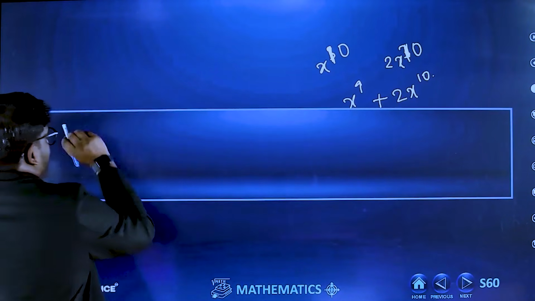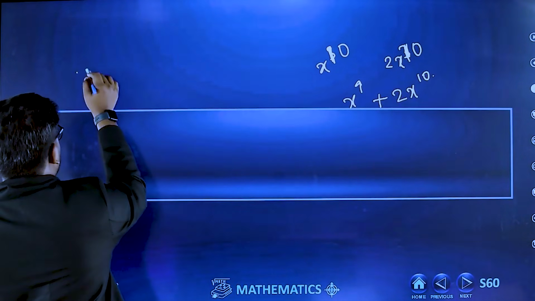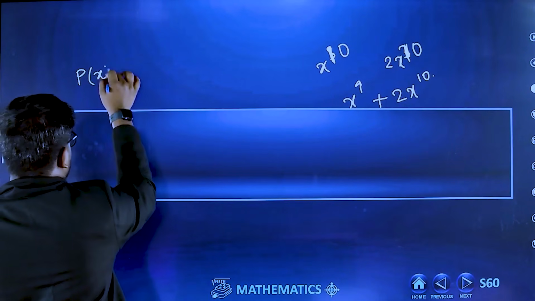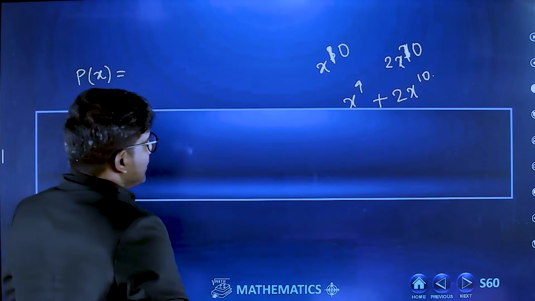If I have two polynomials, generally polynomials are represented with p of x or q of x.